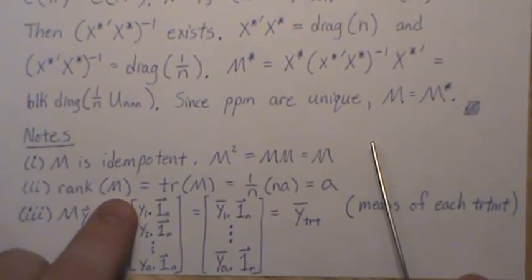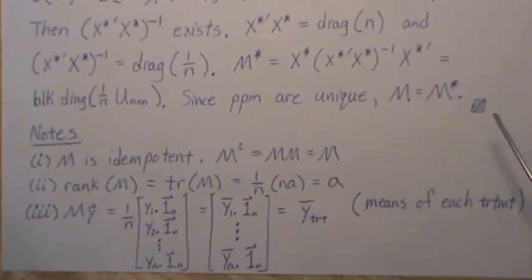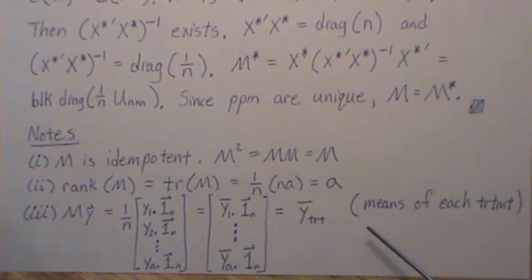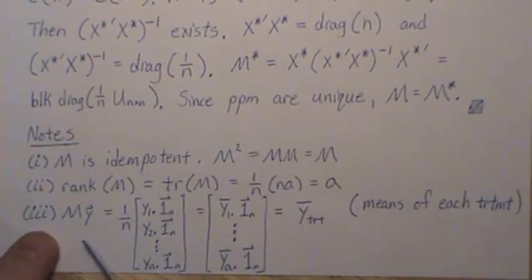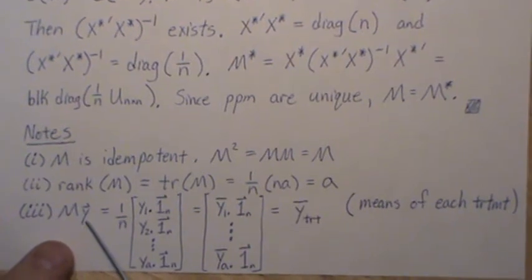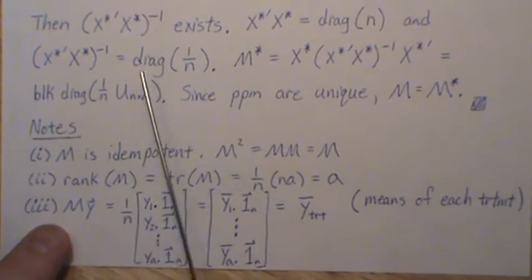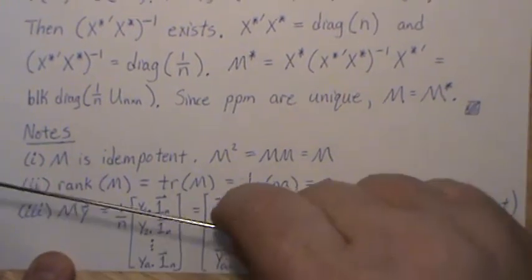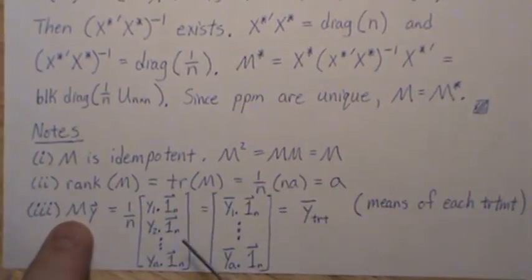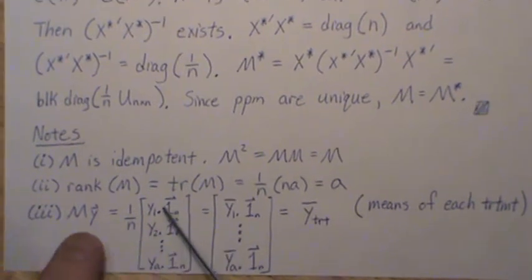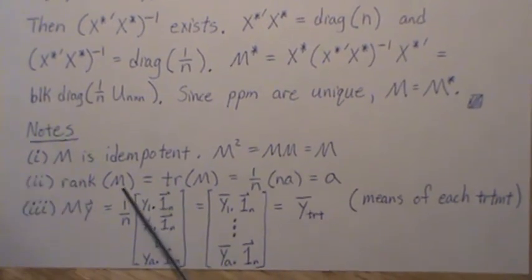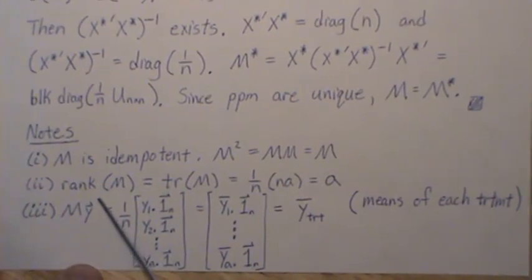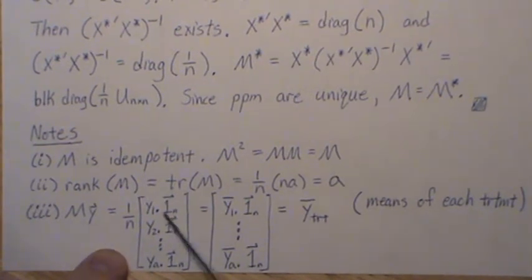And we kind of knew that going into it because the column space has dimension a. Now, if we look at M times y, remember this is the y vector, so it's an na by 1 vector. Then you're multiplying it by that block diagonal. Each little block just picks off its own section of the response variables.